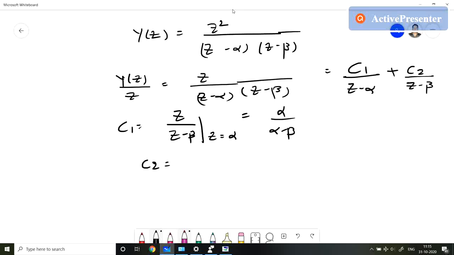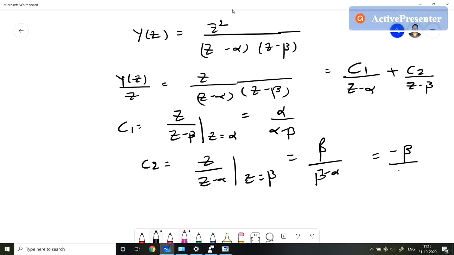Similarly, c2 is z divided by z minus alpha, putting z equal to beta, so beta divided by beta minus alpha. We can write it in this form, minus beta divided by alpha minus beta. So we have c1, that is alpha divided by alpha minus beta, and c2, that is minus beta divided by alpha minus beta.